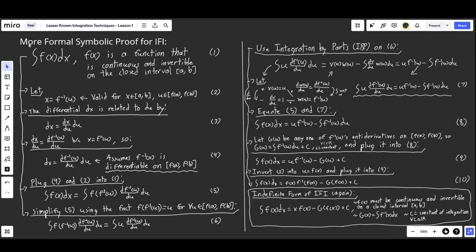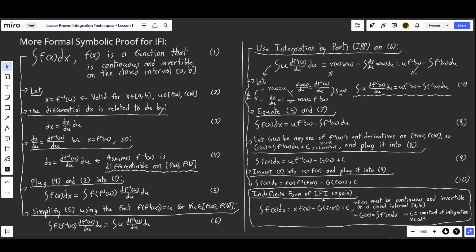Because we have now completed the more formal symbolic proof for the indefinite form of inverse function integration, we could continue on to see how the indefinite form can be manipulated into the definite form for inverse function integration. However, because I'm pretty sure at this point we're all pretty tired of hearing about proofs, I won't do it.